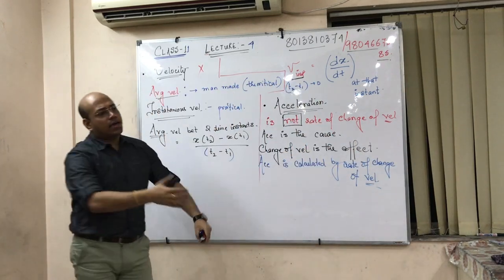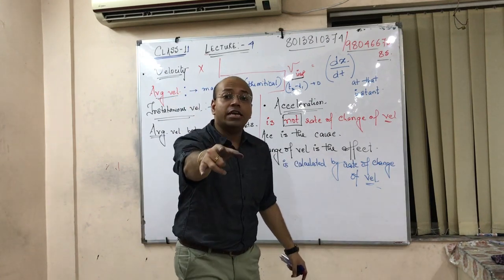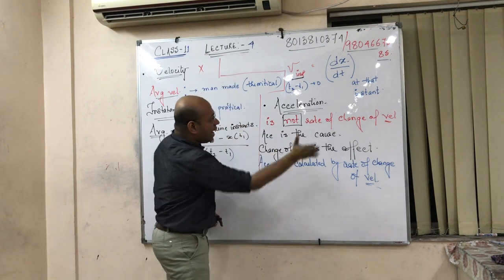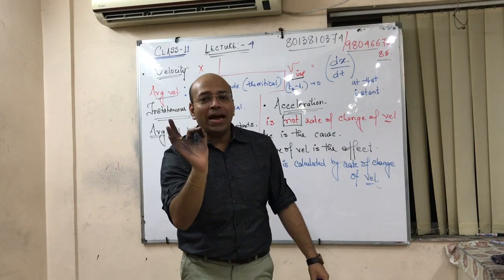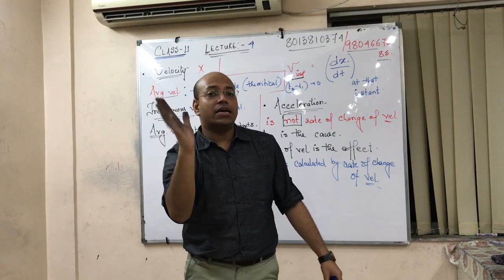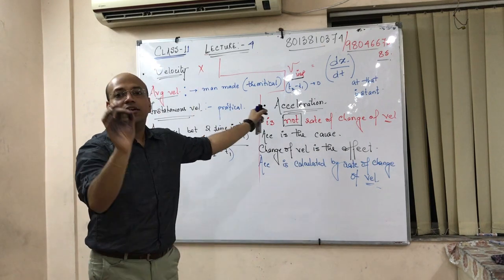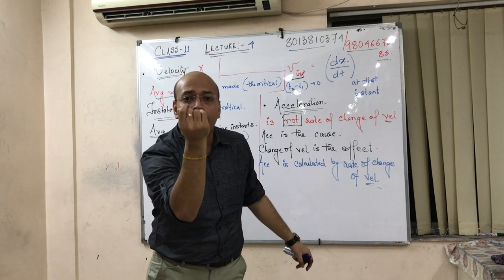Another case is that you give a tight slap. Instantaneous force, force at any instant. If I give a tight slap to anyone's face, the force is instantaneous. The moment the hand is in contact with the face, that's the point the person receives the force, so it produces acceleration for a moment.